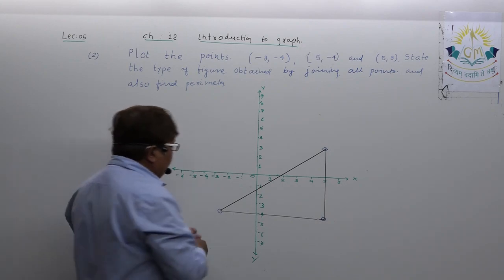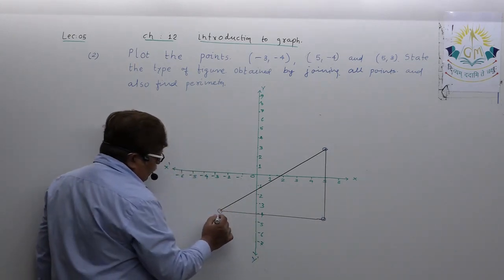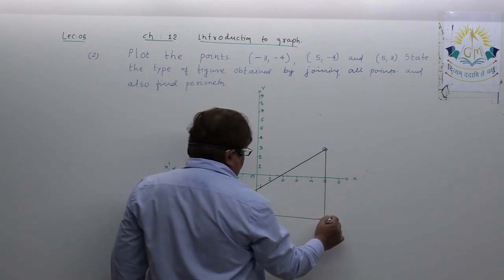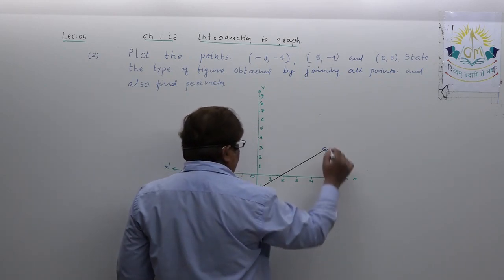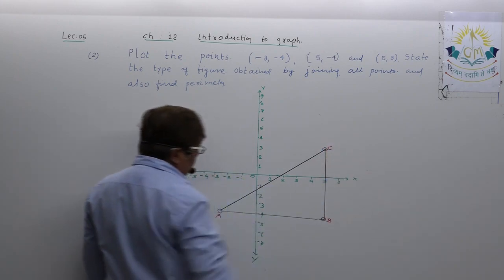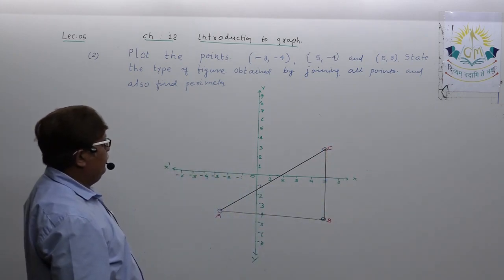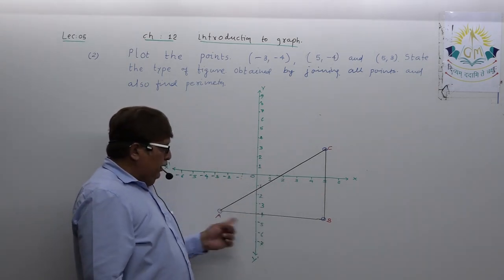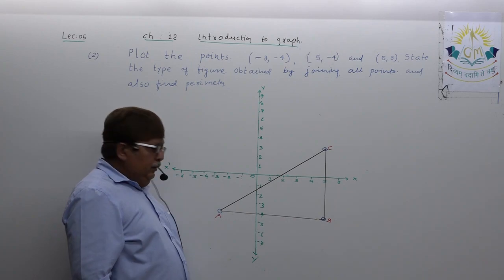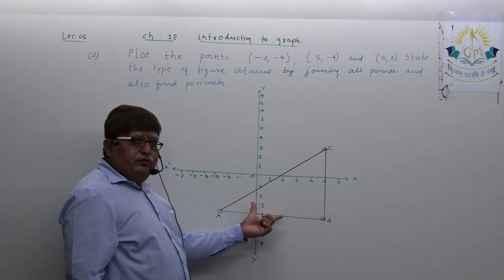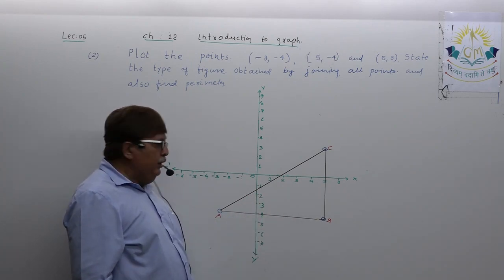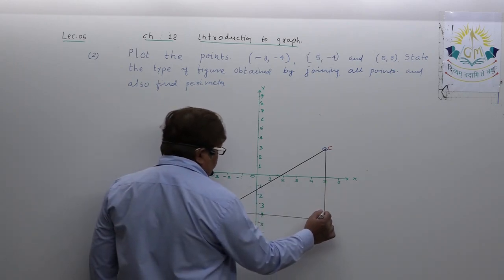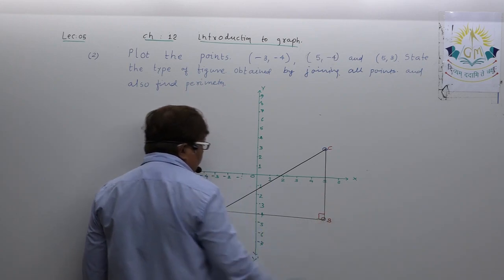Suppose I say this point A, I call this point B, I call this C. So you got the figure, and after drawing this, you can guess which type of figure is obtained. Obviously a triangle, but basically it looks like a right angled triangle.